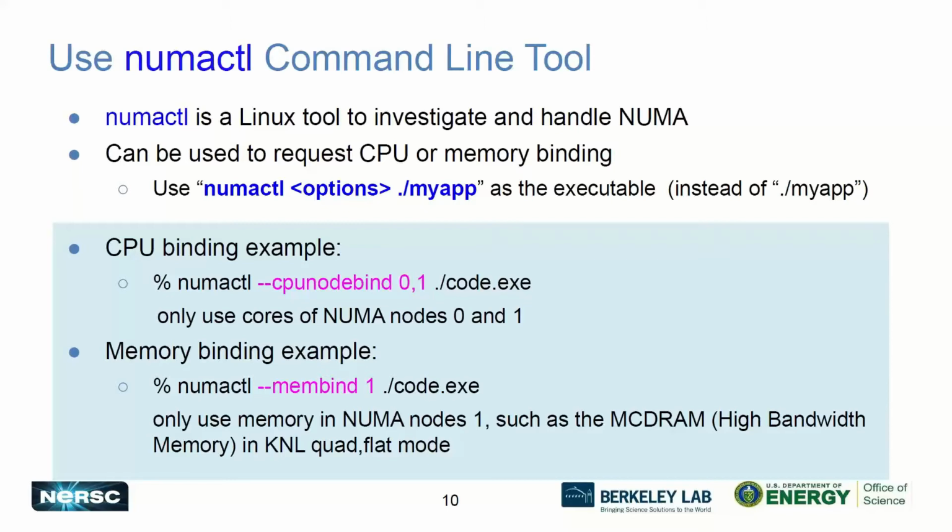For example, --cpunodebind=0,1 means you only use cores of NUMA domains 0 and 1, and --membind=1 means using only memory from NUMA domain 1. One example is Intel KNL in quad flat mode, where the high bandwidth memory is NUMA domain 1. With that, you can make sure you're using only high bandwidth memory for your application.